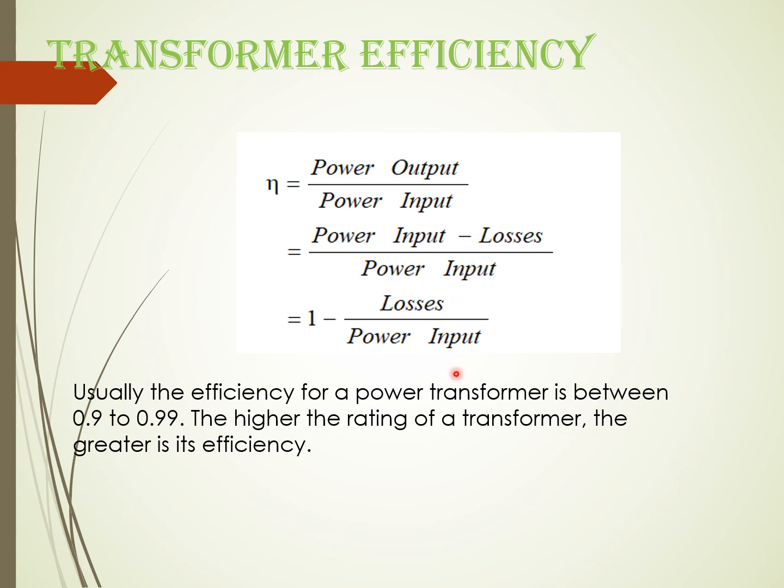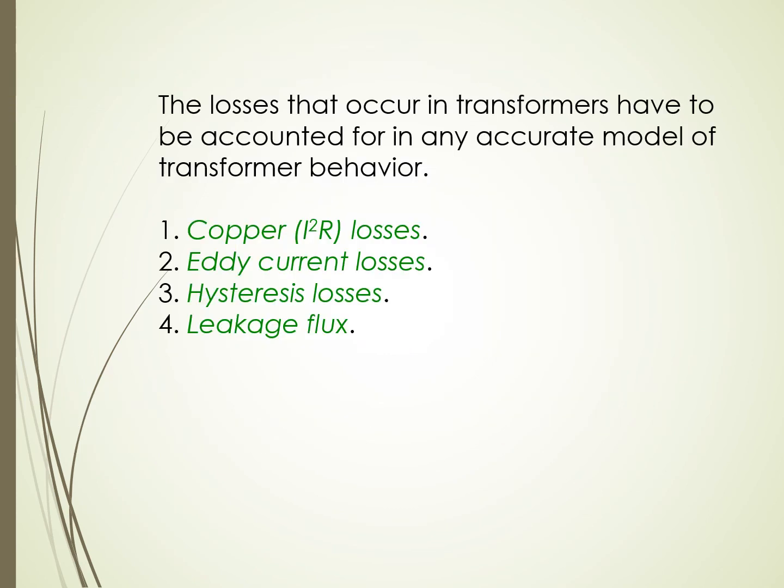So we can say that it is nothing but 1 minus losses upon power input. Usually the efficiency of a power transformer is between 0.9 to 0.99. The higher the rating of a transformer, the greater is its efficiency.